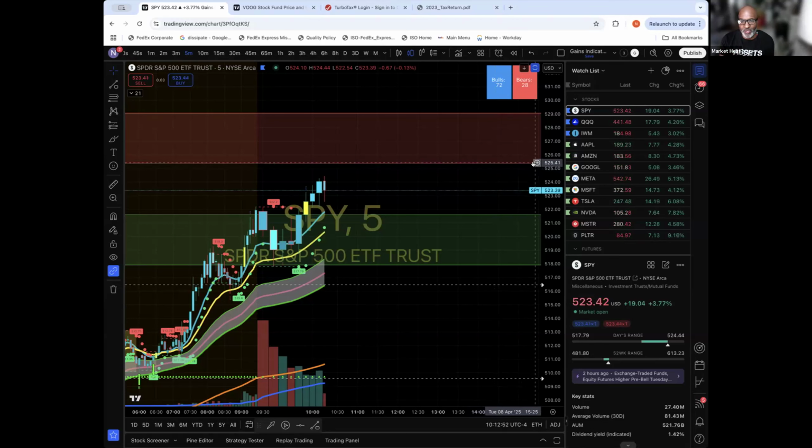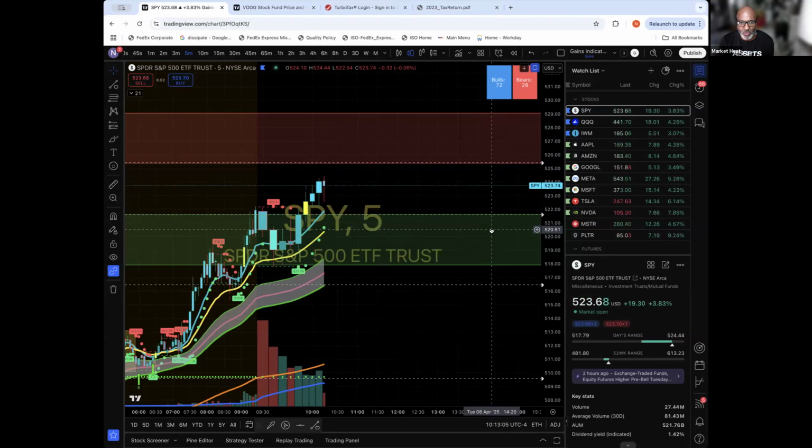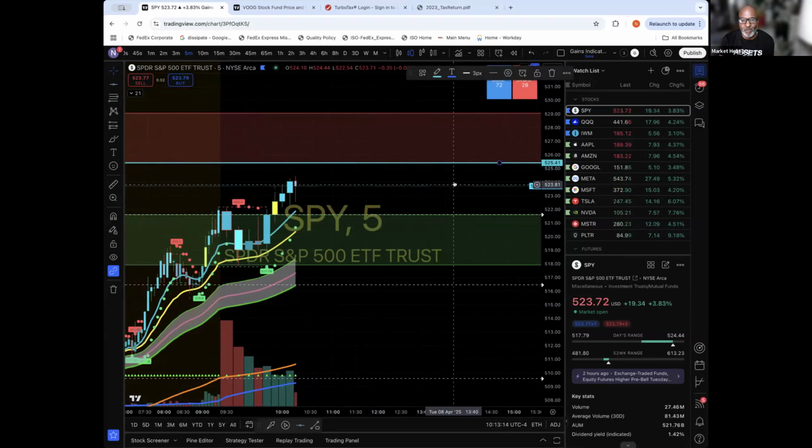So for example, this level right here, I'm gonna set it, 525.41. And then we have another level of support at 521.62. Matter of fact, let me use this one so it's easier to see.